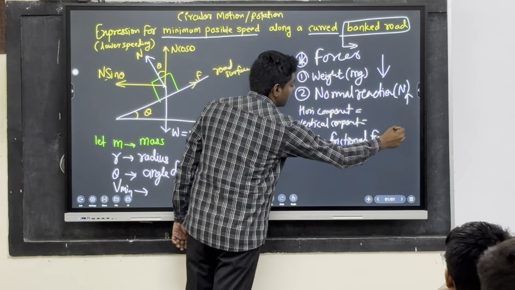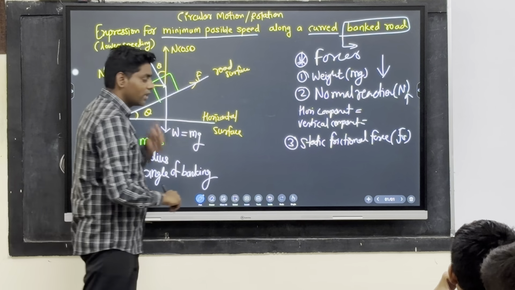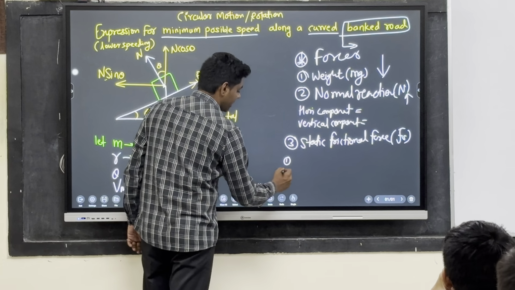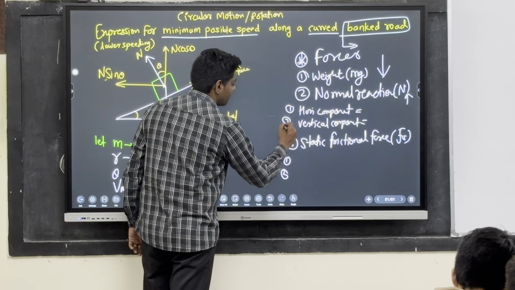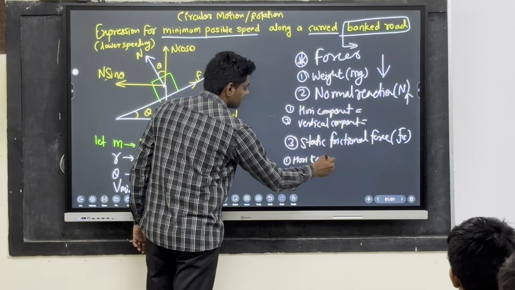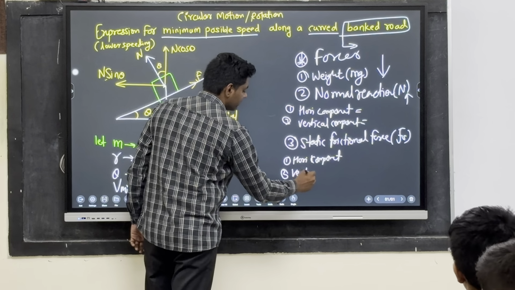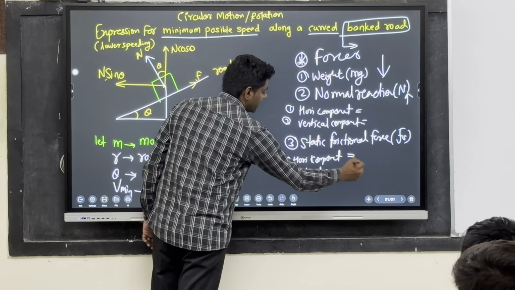It is denoted by letter Fs. It is again resolved into two components. What is the first component? That is horizontal, and second is vertical component. So what is the horizontal component?